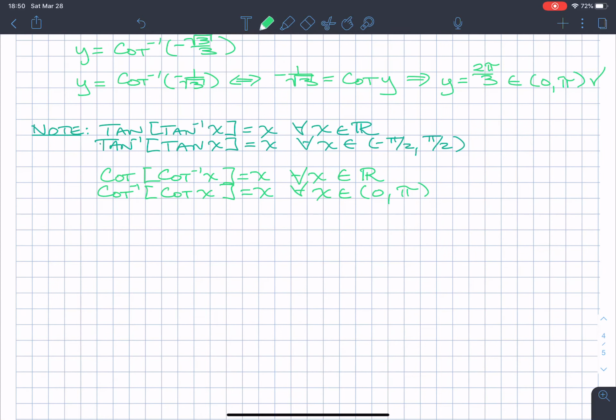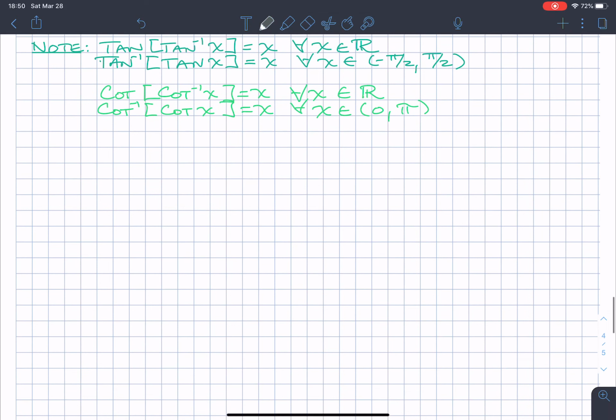So for example, let's evaluate the following. Number 1, let's evaluate cotangent of cotangent inverse of negative 1.